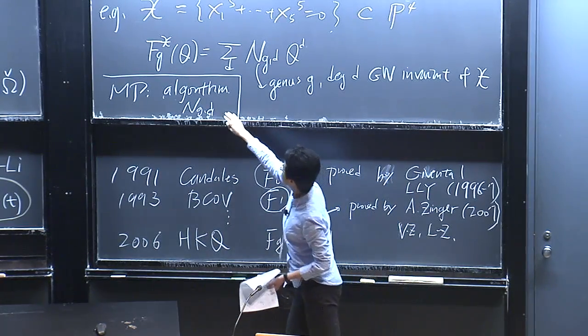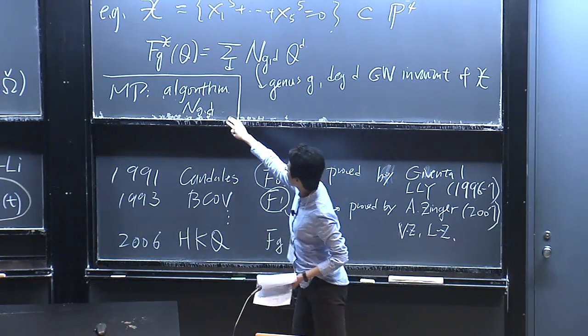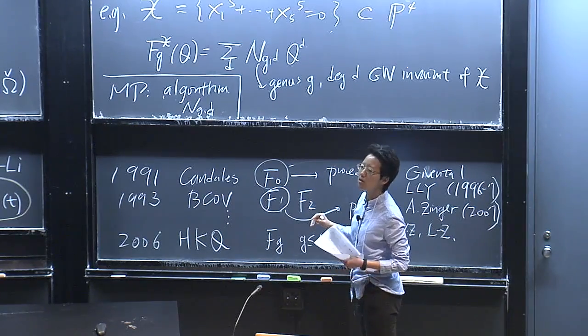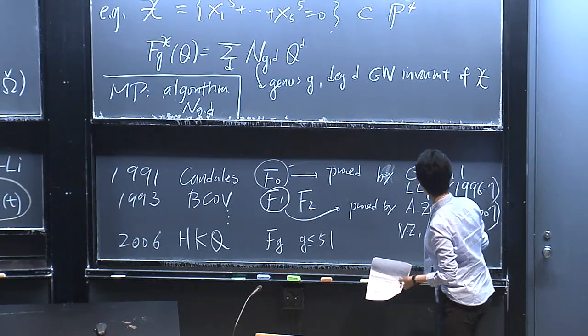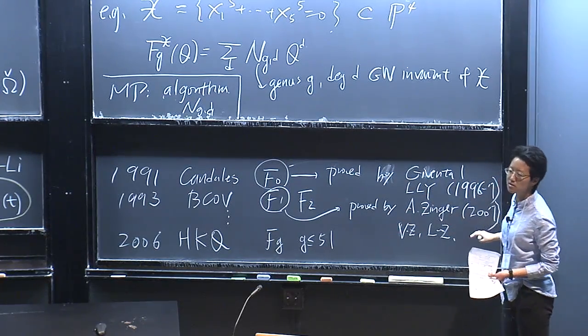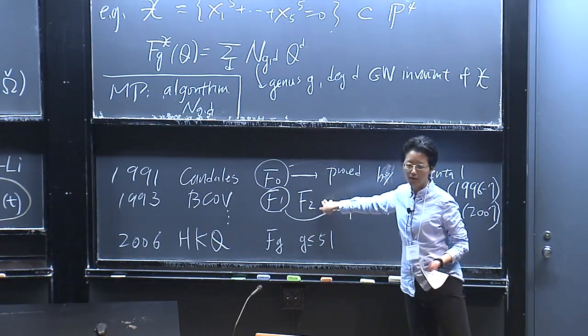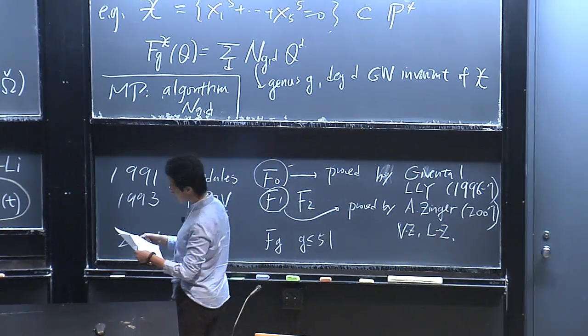For any fixed genus, for any such number, in principle one can compute it in finite time. But this finite time might be very, very long. And to my knowledge, now it's 2017, which is 10 years after this, but this F_2 is still conjecture.